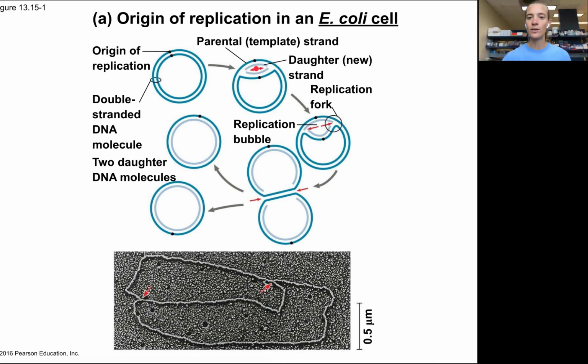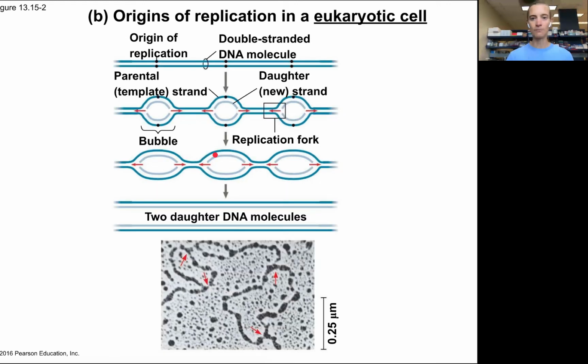Now you have replication forks that are opening up on both sides, and now you can start having the replication process happen. As you can see here, the replication process will happen on both sides, towards both replication forks, and you're going to end up with two DNAs that are semi-conservative, as we mentioned before, and each of them will go onto one daughter cell.